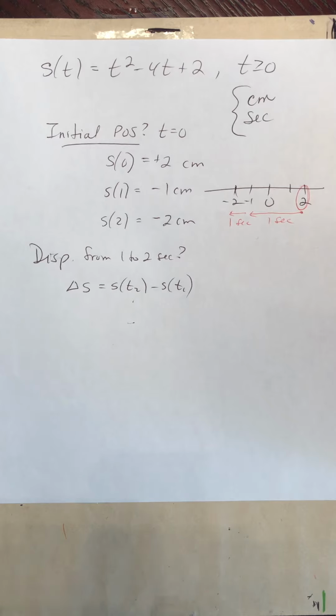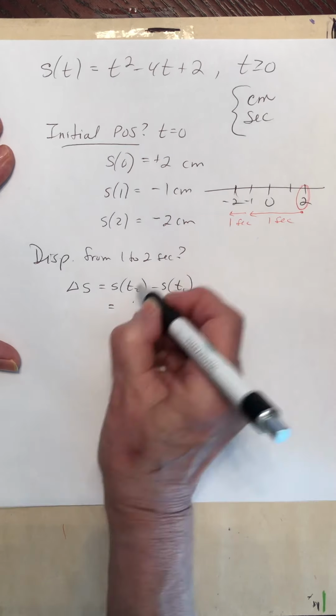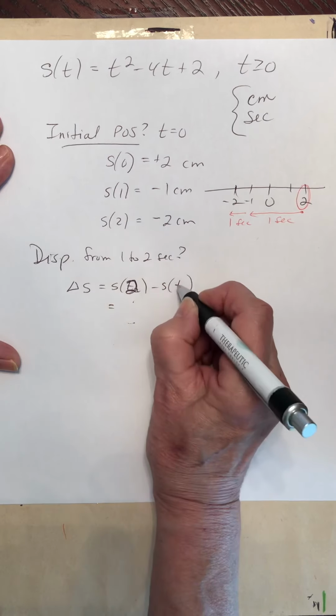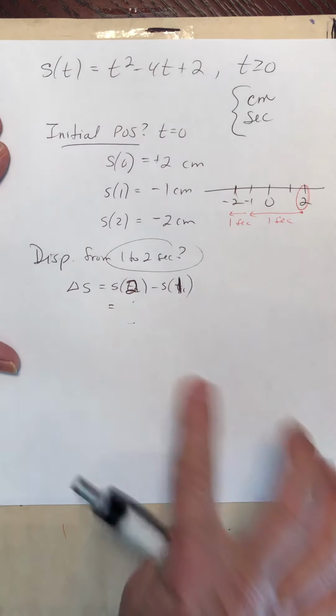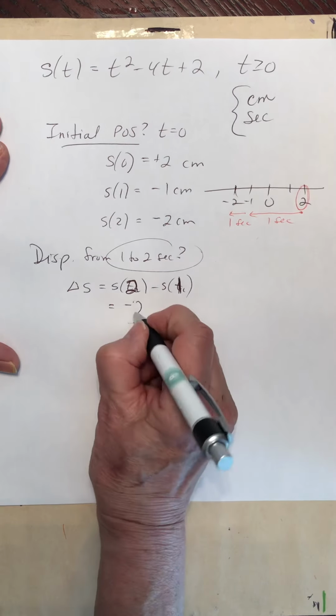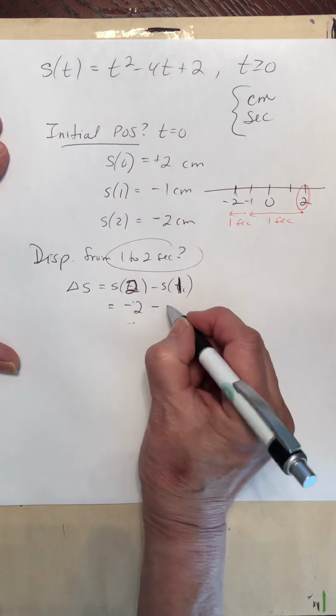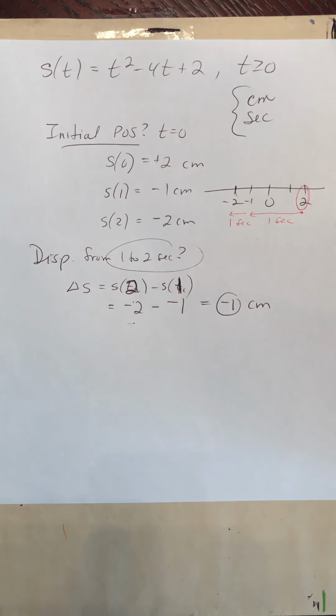We're not averaging, we're just asked for displacement. So my position at 2 seconds minus my position at 1 second, because those are the two I'm being asked here. These could have been any two values. Well, my position at 2 was negative 2. My position at 1 was negative 1. So the displacement is negative 1 centimeters.